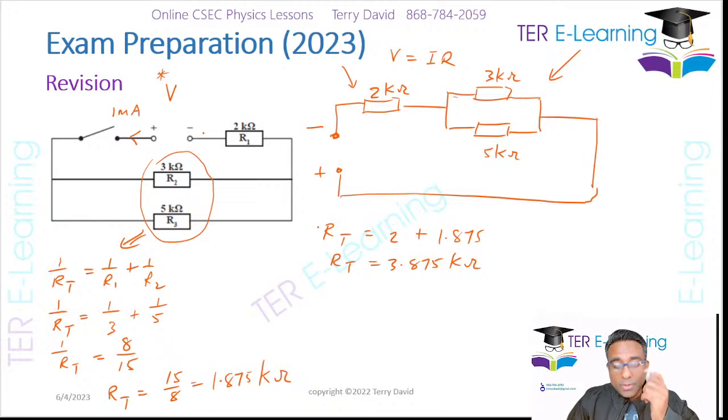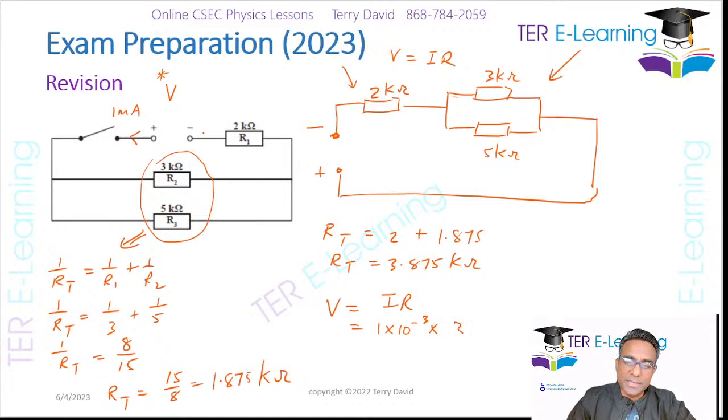So now, to get the voltage of the power supply, all you're going to do is use V is equal to IR. Now we use it. The current we know was 1 milliamp. Now this is the tricky part: you guys need to know what your prefixes mean. So 1 milliamp is 1 times 10 to the minus 3 multiplied by the combined resistance in the circuit, which is 3.875 kilo ohms. Kilo is 10 cubed.